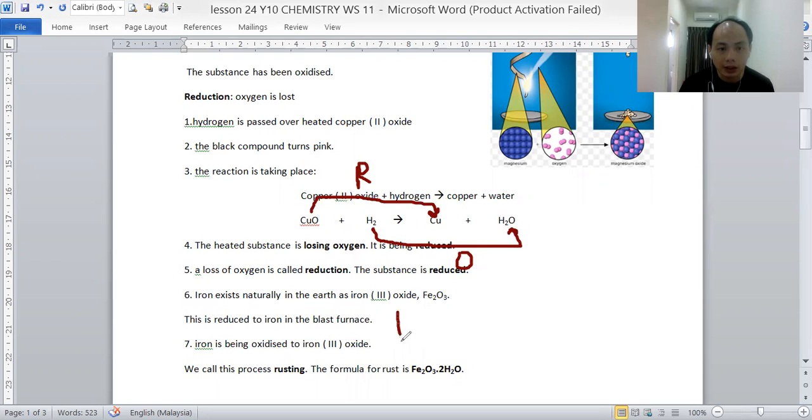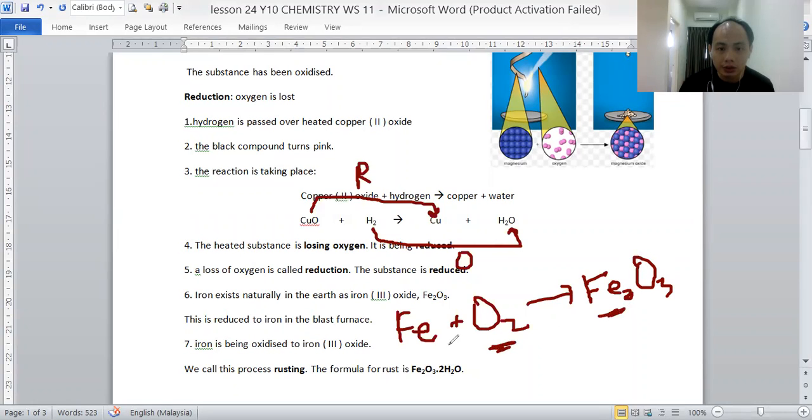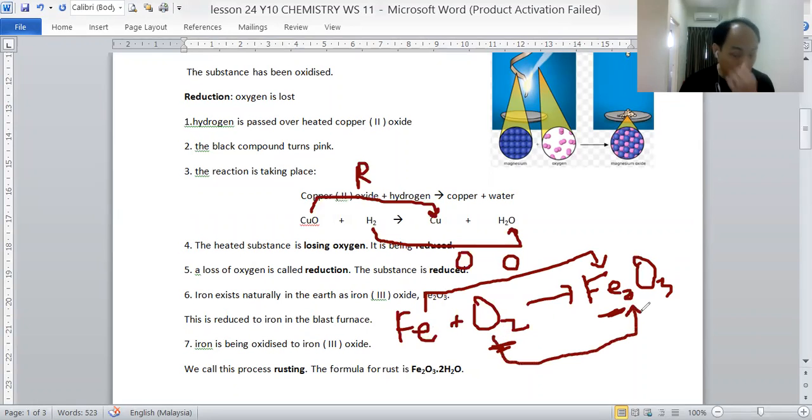Iron become iron oxide. Because it gains oxygen, it is called oxidation. And then oxygen joins together with the iron to become ferrum oxide, so it's reduction. This one next lesson we will learn.